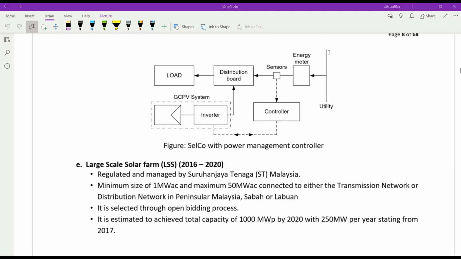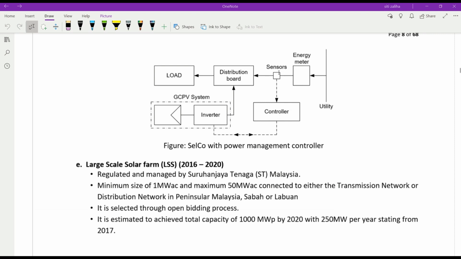So this is the block diagram, the concept of the self-co, with power management controller. So energy meter, we have sensor here. So this sensor will sense energy of the PV system. So this sensor will not allow the surplus energy to go to the grid by using this controller.